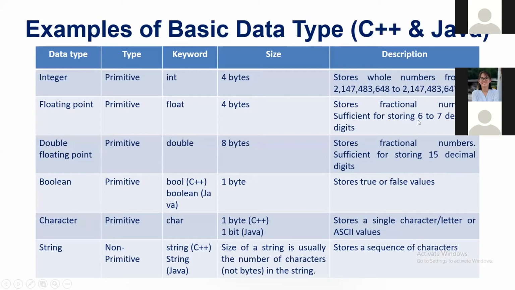Floating point stores 6 to 7 decimal digits, and double stores up to 15 or 16 decimal digits. Boolean is true or false. Character stores a single character. String is a sequence of characters.